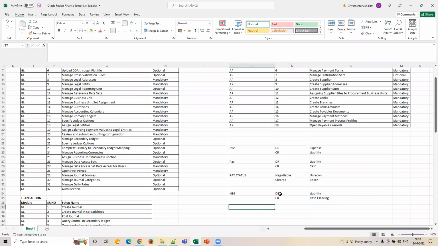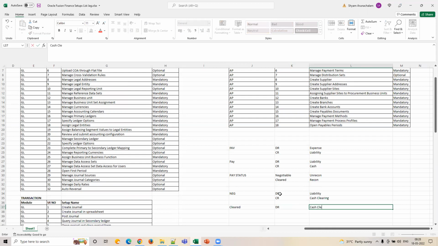Then once you reconcile and your status is cleared, you have already reduced your liability, so liability will not come in this scenario. It will debit your cash clearing and credit your cash. So instead of directly hitting your cash, you're including your clearing account inside.